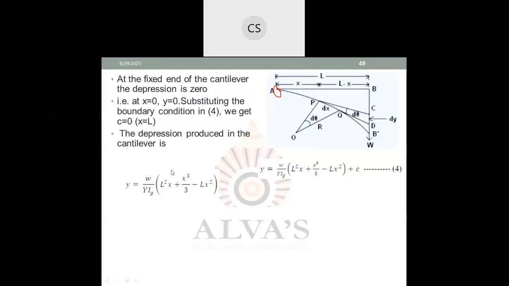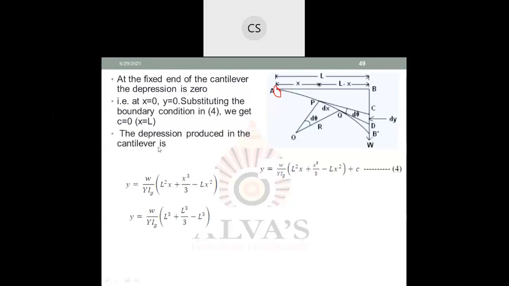Alright. Next, let us say the cantilever length is L, maximum.